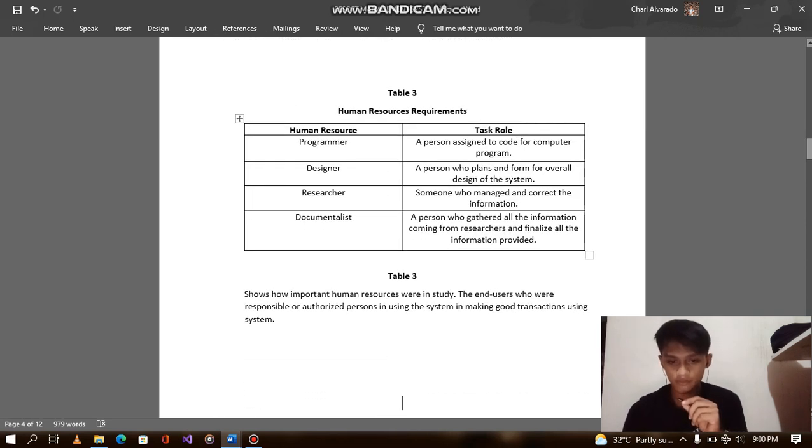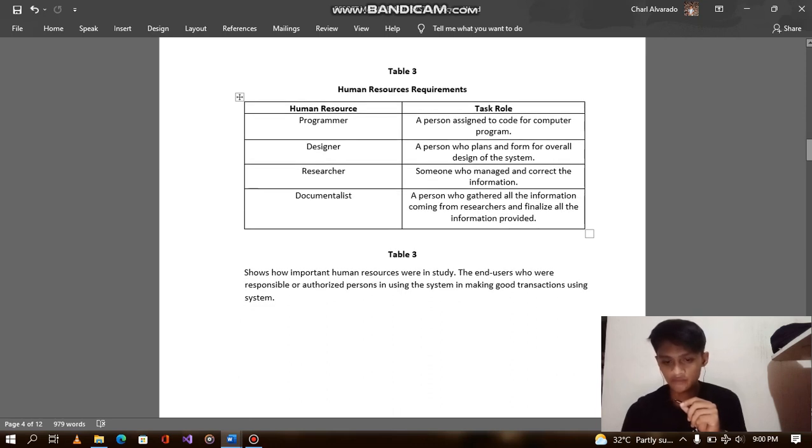Table 3, Human Resources Requirements. Human resource, we have programmer, whose task role is a person assigned to code the computer program. Number 2 is designer, a person who plans and forms the overall design of the system. Number 3 is researcher, someone who manages and corrects the information.